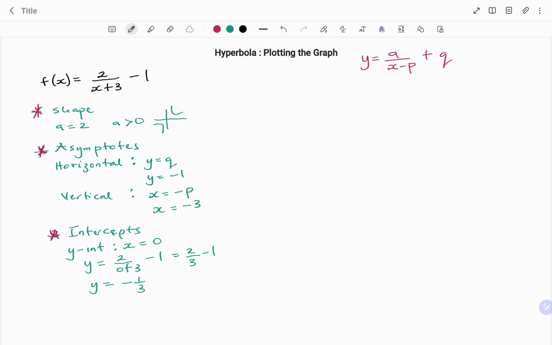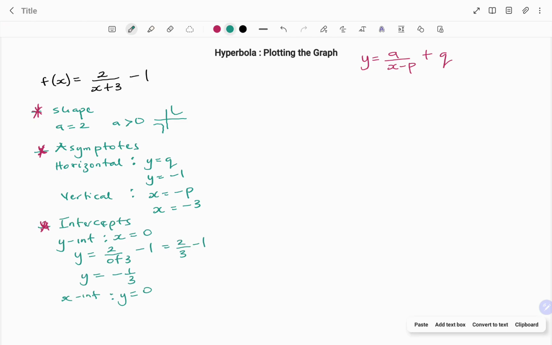We're going to do the same for our x-intercept. So for the x-intercept, the value of y is equal to 0. So substituting y equals 0 in our equation, we have 0 equals 2 over x plus 3, minus 1.